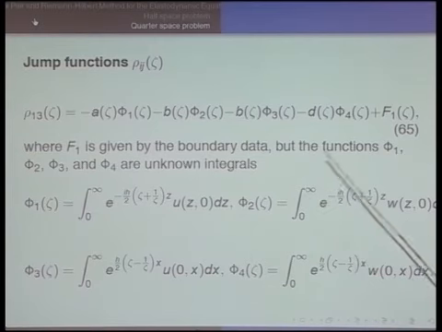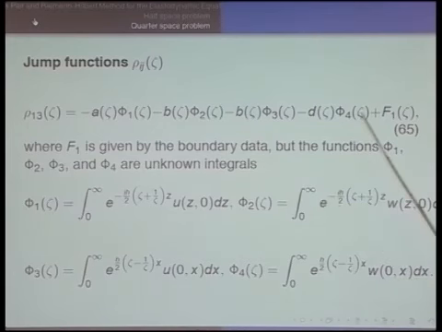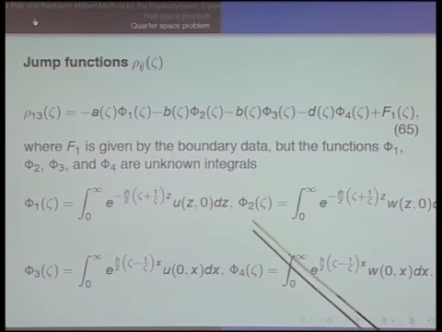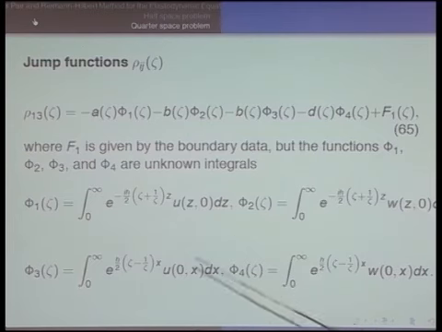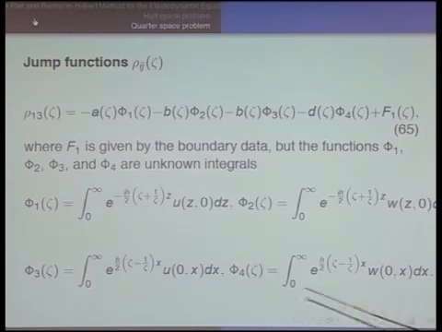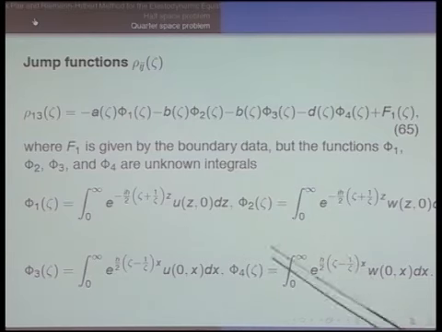We obtain that the jump function is expressed in the boundary data, but it also includes 4 unknown functions. Compared to the previous problem, where we had only x exponents in the unknown functions, now we have both x and z exponents.